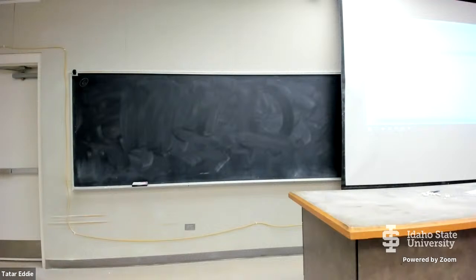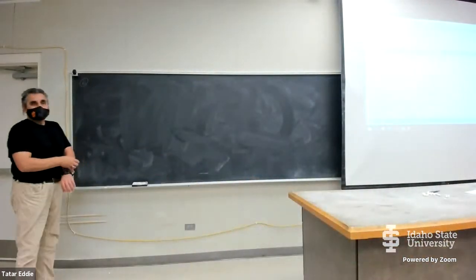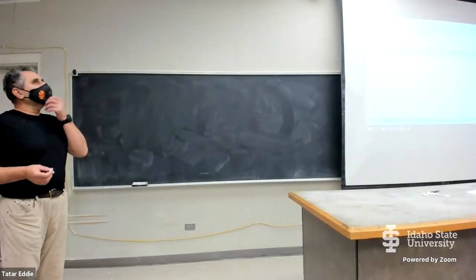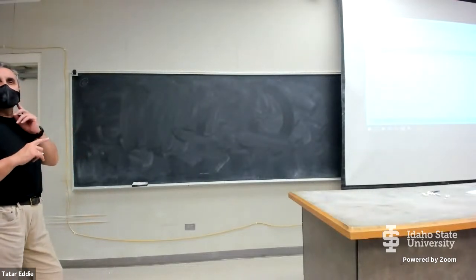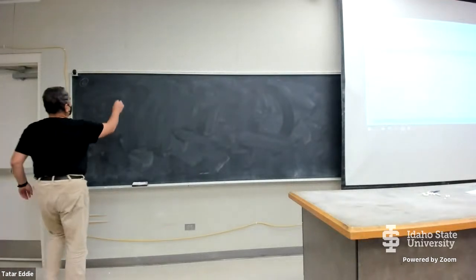Think about it as a toy car. And now look what you have. This is a chapter 6 homework. Chapter 6 is work and energy.